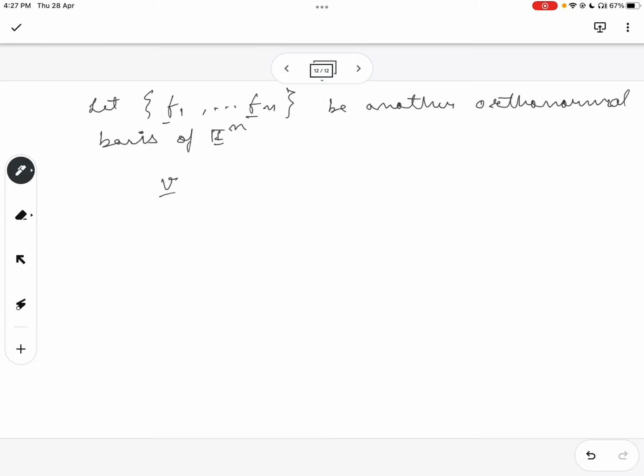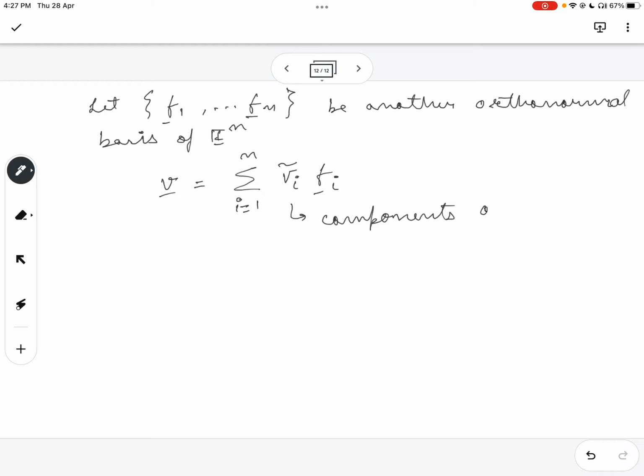So v can be written in terms of those basis vectors also, but the components will not necessarily be the same.